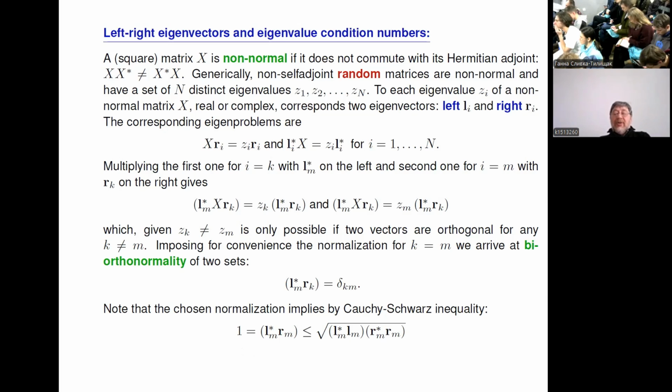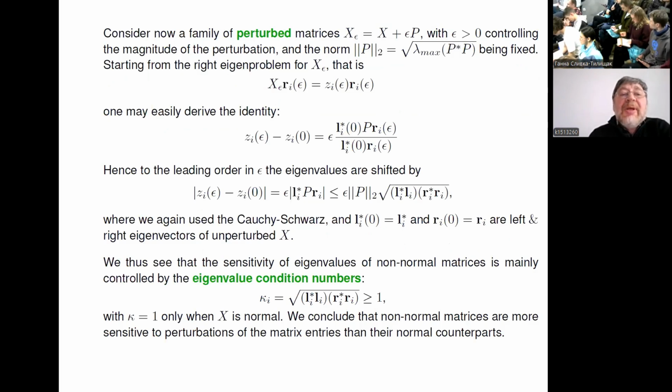To elucidate this role, let us discuss the simple problem of characterizing the stability of eigenvalues of matrices under additive perturbation.